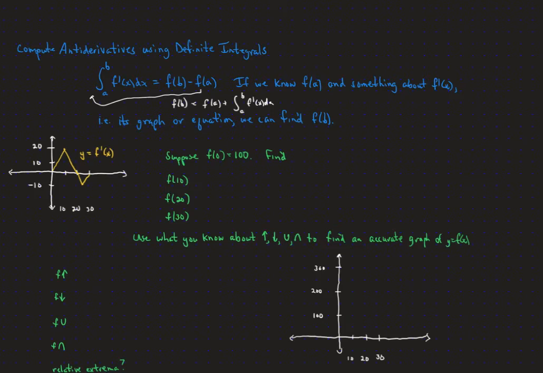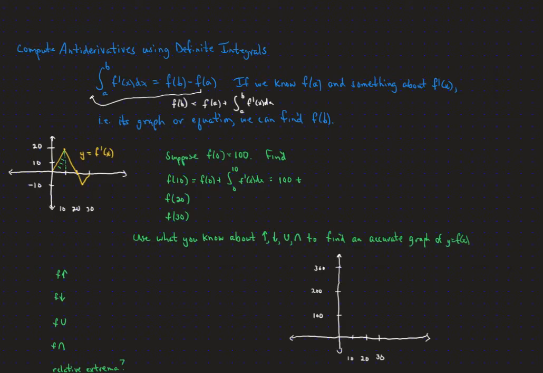Well, the idea is that f of 10 is going to be f of 0 plus the integral from 0 to 10 of f prime of x. So f of 0 we know is 100, and we can make an area argument to find the integral from 0 to 10 of f prime. So we can look at this triangle and know that that's going to be 1/2 base times height.